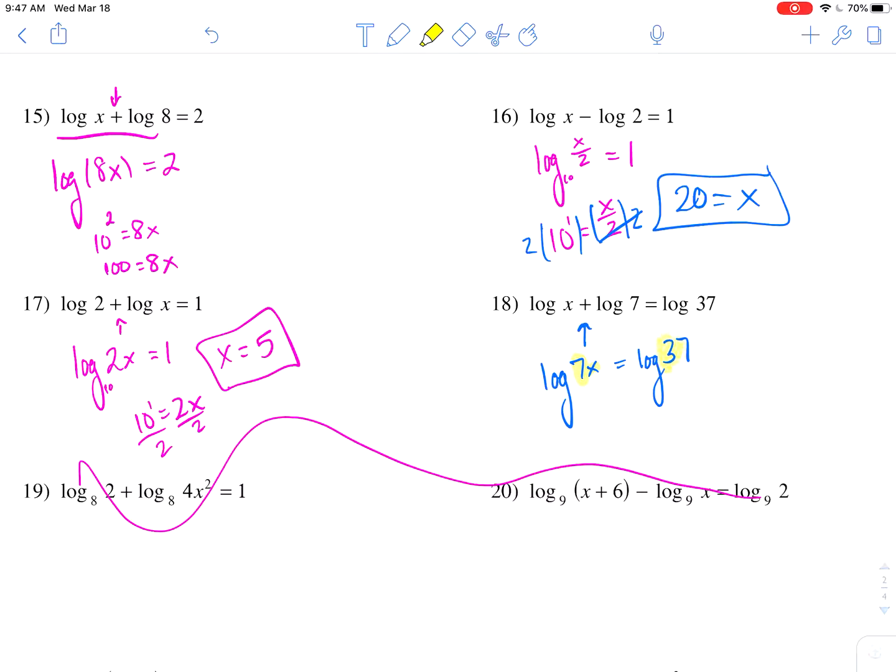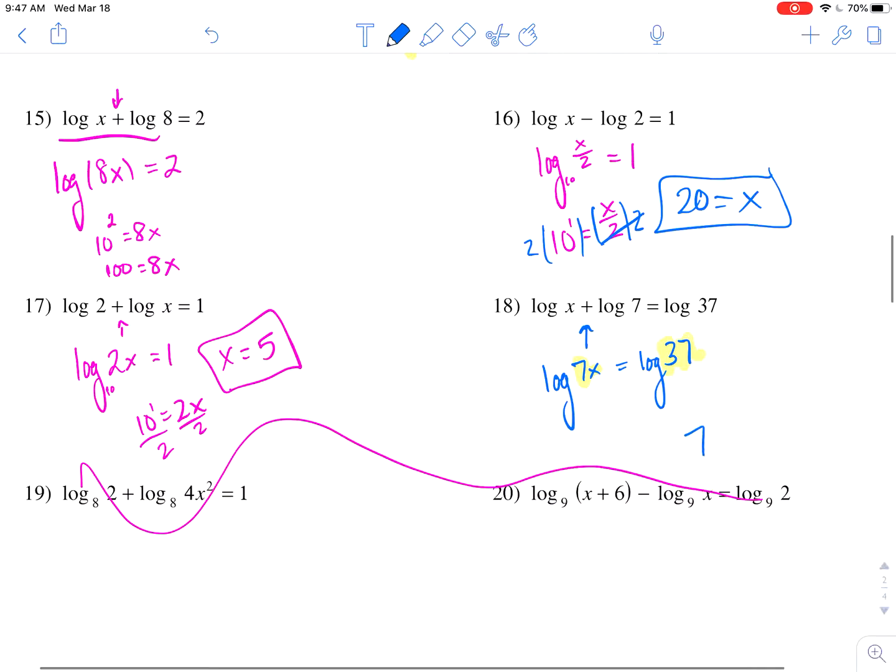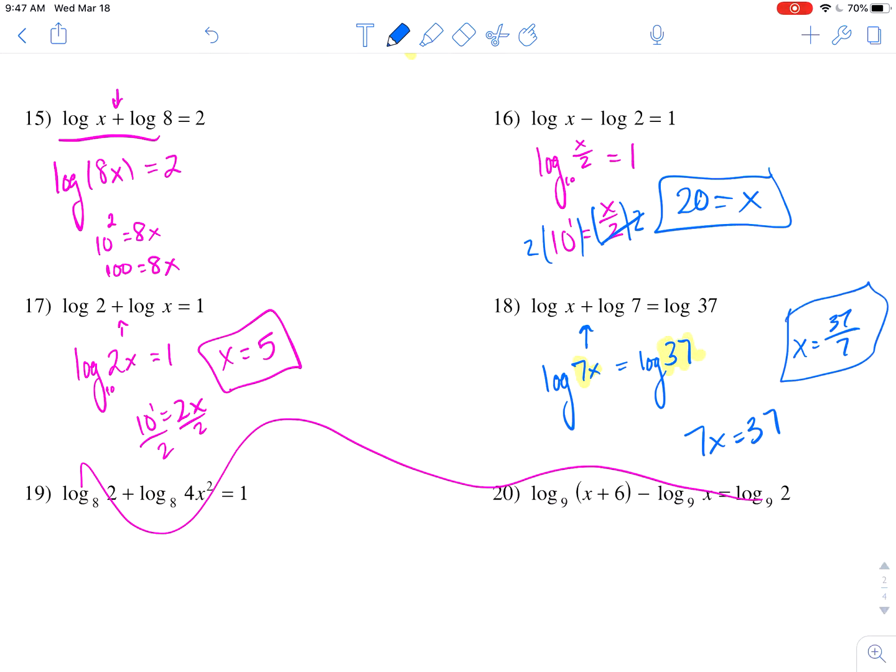If I've got a log equals a log, then I can just say 7x equals 37, or x equals 37 divided by 7.